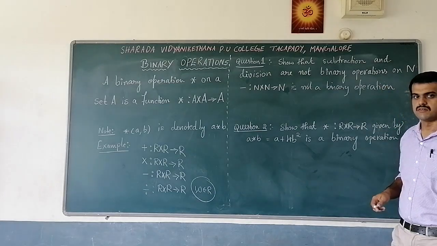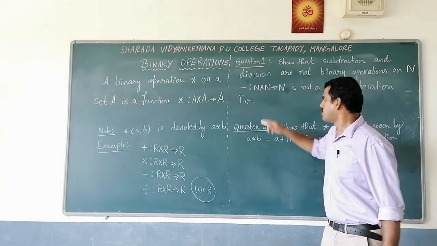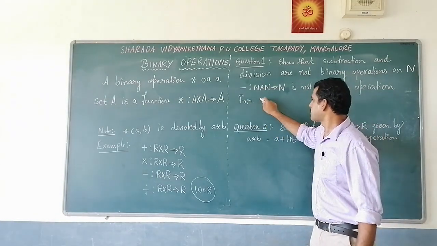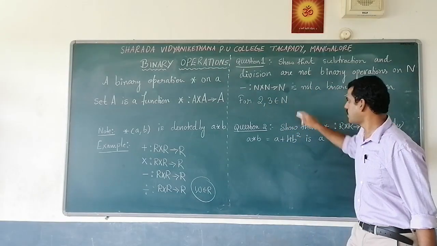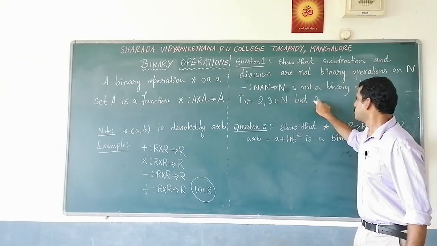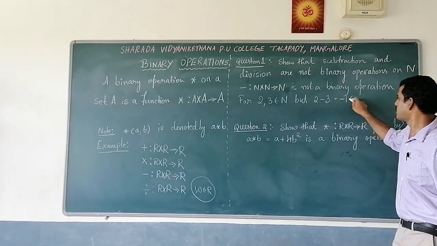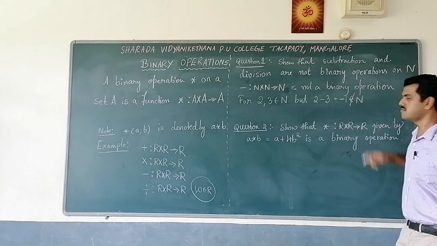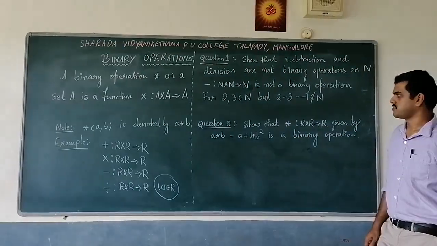Why is it so? For example, I'll take a similar simple example. 2 and 3 belong to N, but 2 minus 3, I apply the operation minus, that's equal to minus 1, which does not belong to N. That is enough to say that it is not a binary operation.